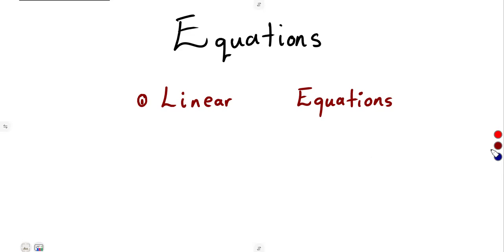So for those who have been watching our channel, I think, guys, you understand what exactly we refer to when we are working with an equation. There is a difference between an expression and an equation.